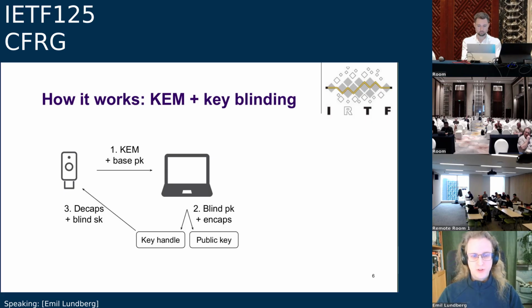And then when you generate the key handles and public keys, you blind the public key, and then you encapsulate the blinding factor using the KEM. That encapsulated blinding factor becomes the key handle that you then can send back to the original party, which can decapsulate the blinding factor and then blind the secret key and arrive at a matching pair.